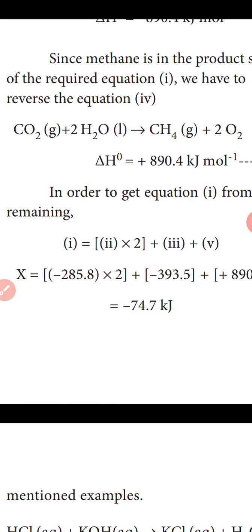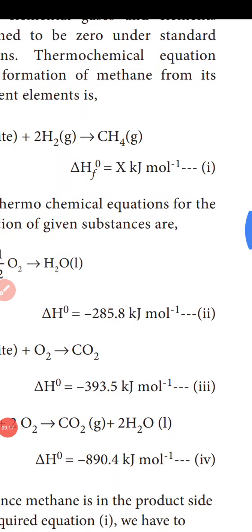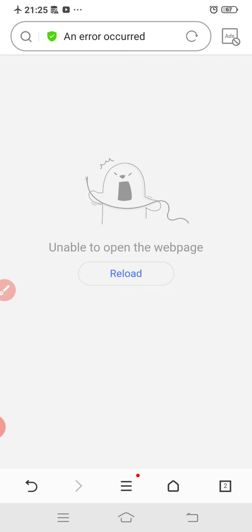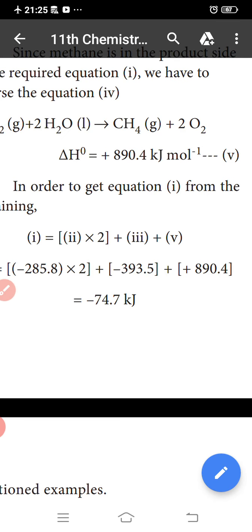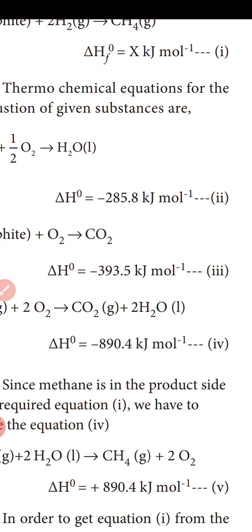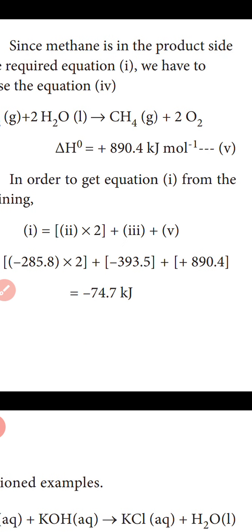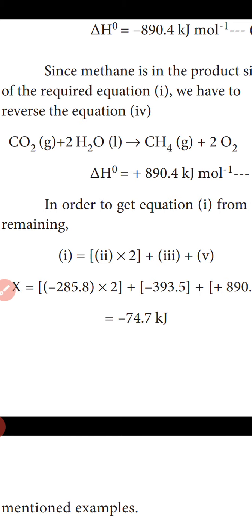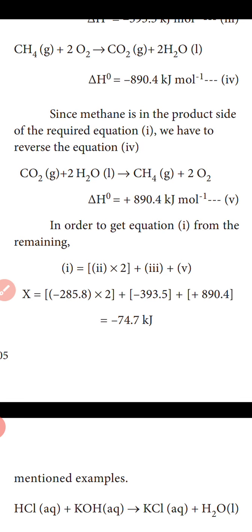So X is equal to the second equation, minus 285.8, into 2, plus the third equation, minus 393.5, plus the fifth one, plus 890.4 kilojoule. Adding the numbers, X is equal to minus 74.7 kilojoule. This is for the formation of 1 mole of methane.